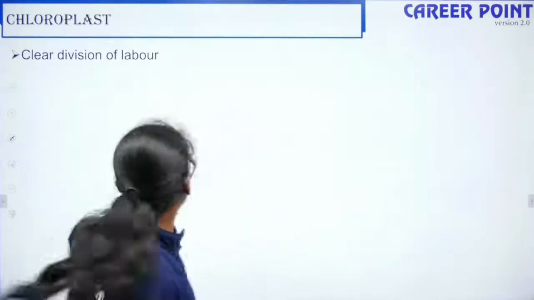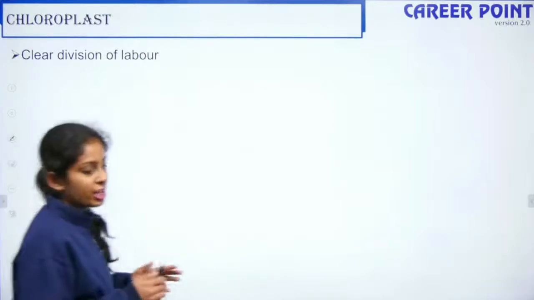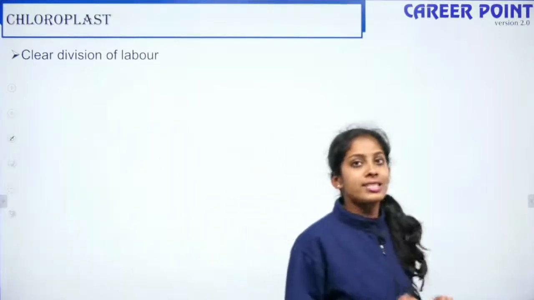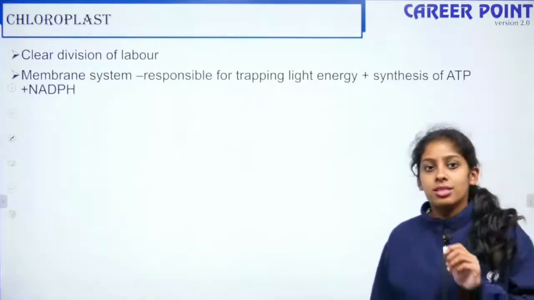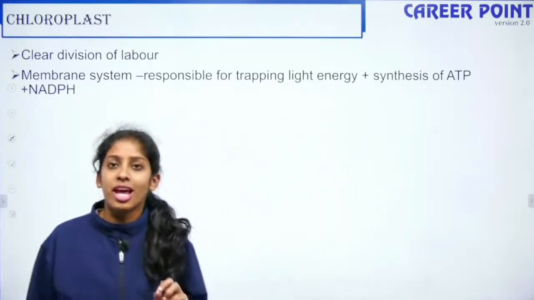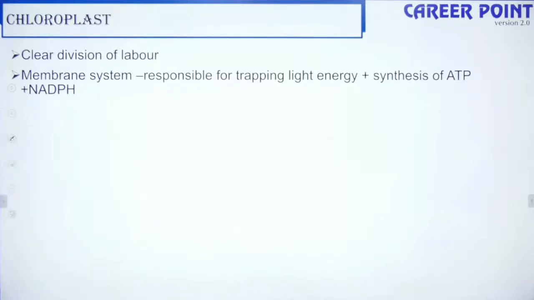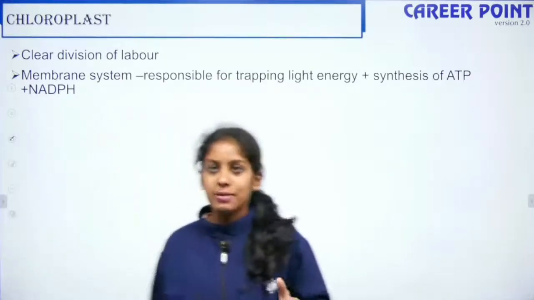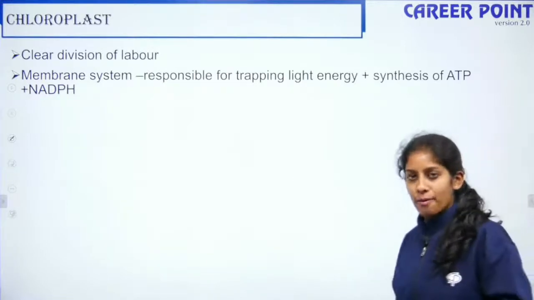All right. So in the chloroplast there is a clear division of labor, as I was telling you. There are two reactions happening: one is the light reaction and one is the dark reaction. The membrane system, that is the thylakoid membrane, is responsible for trapping light energy, and hence for the light reaction that happens as a part of photosynthesis.